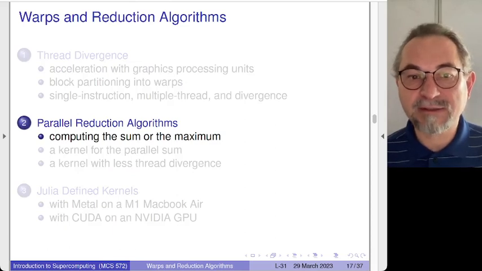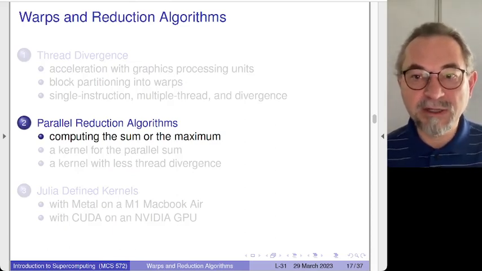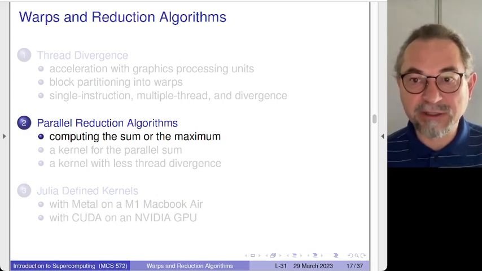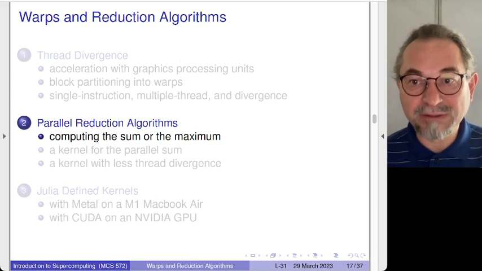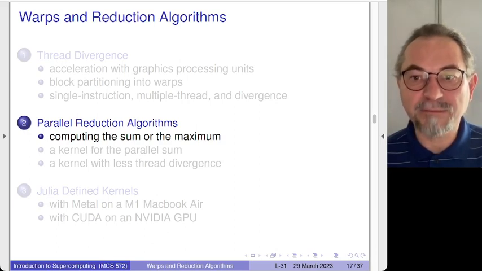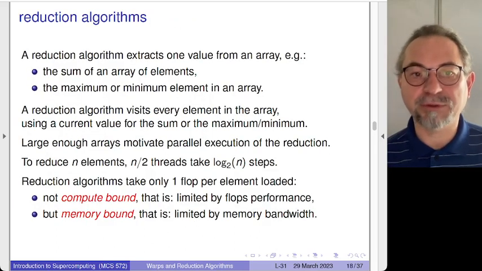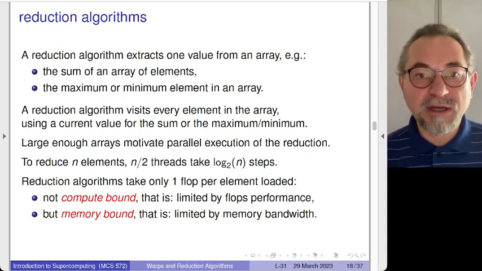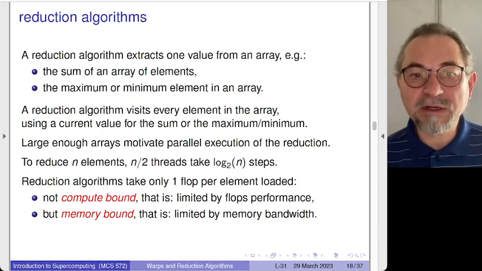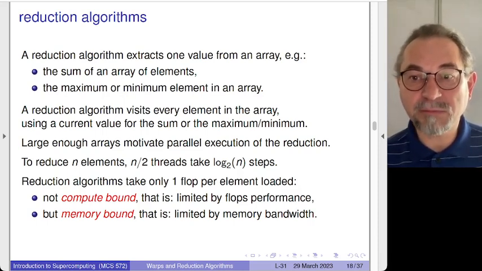So let's look at reduction algorithms. Again, the algorithms that we are considering now are going to be memory bound, unless you would consider multi-precision multiple double arithmetic, which we will not do here. Here are two examples. We can take the sum of a vector, or we can take the minimum and the maximum element.